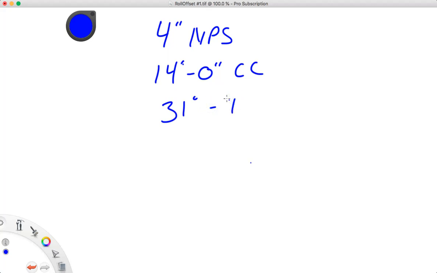So our takeoff for 31 degrees is the tangent of the degree divided by 2 times the radius.